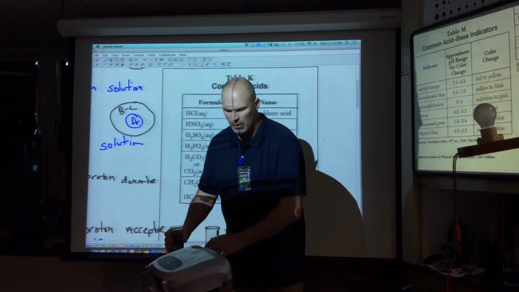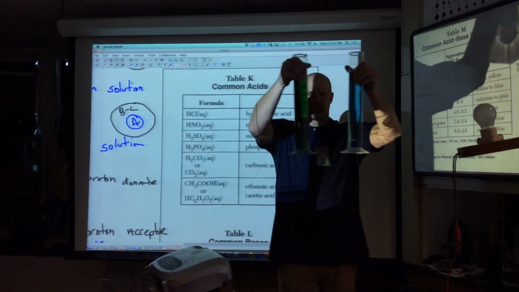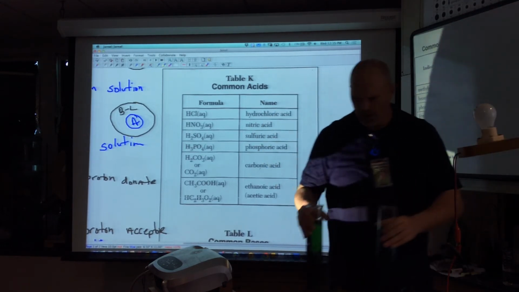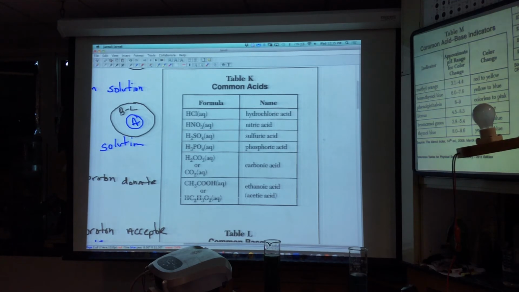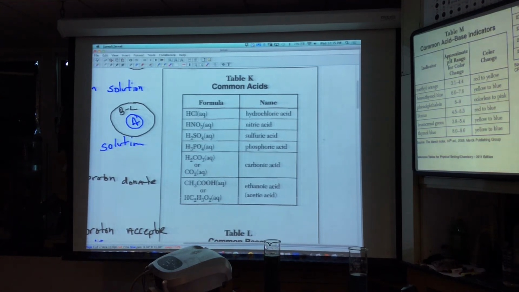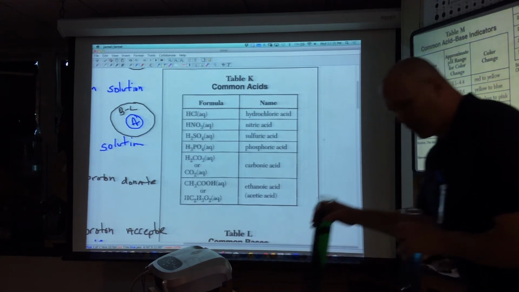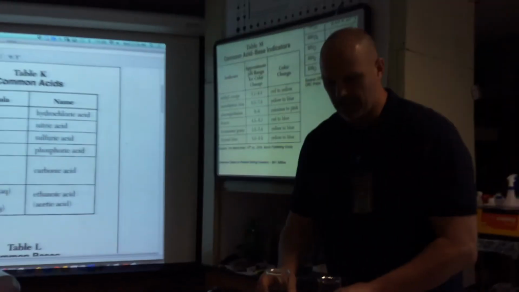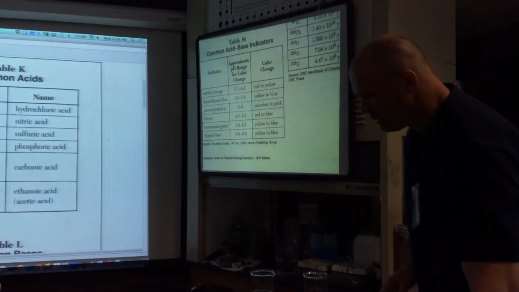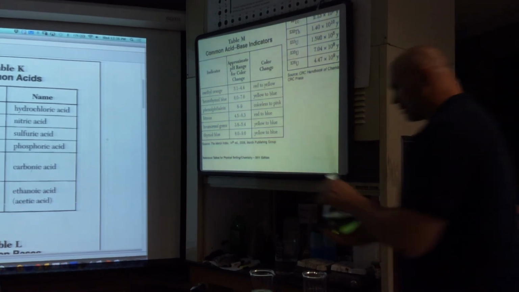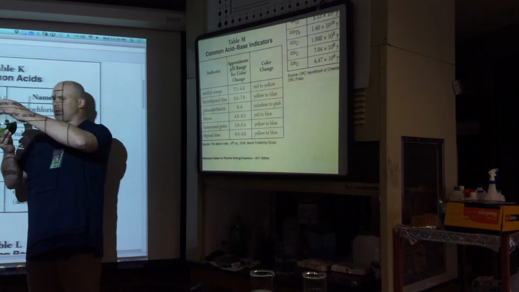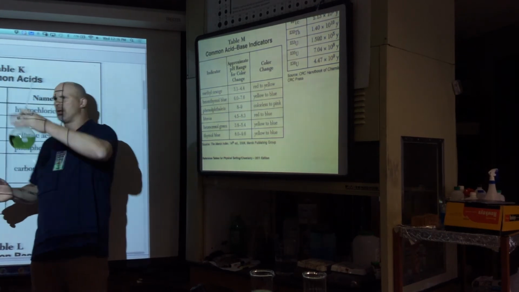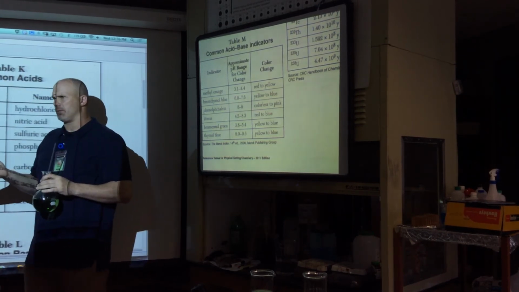I have two solutions. Let me put them somewhere first. Now, these two solutions have two different chemical indicators in them. That's why they have a color. Before I even do that, watch this. What color is this in here? Green. We give off CO2.